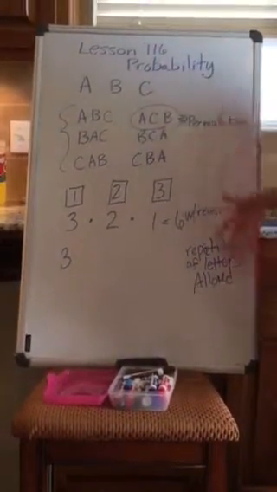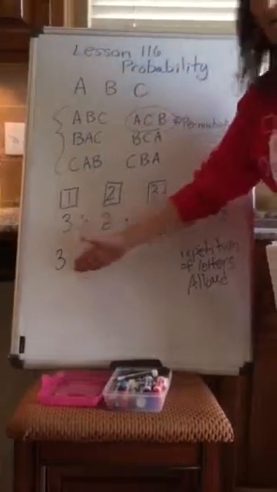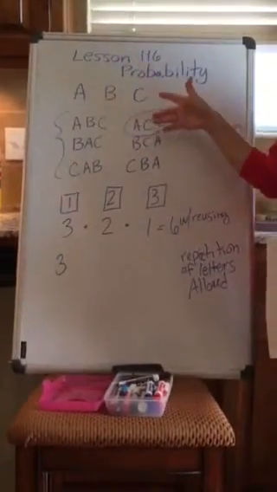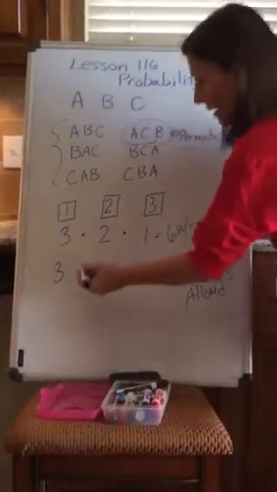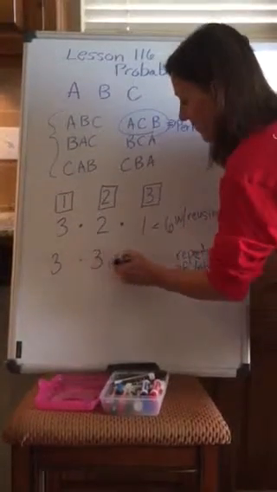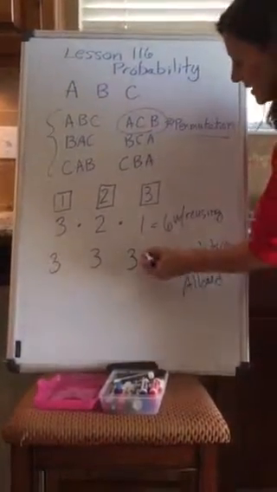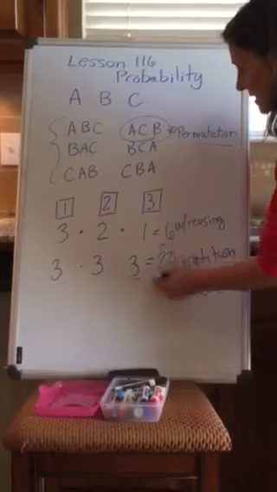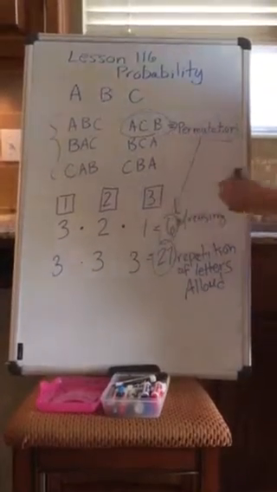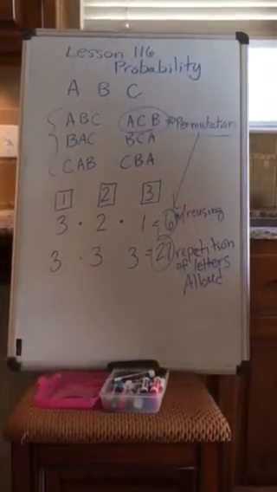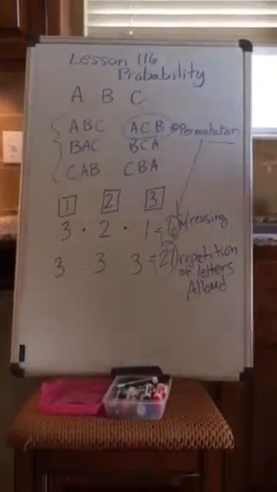Now, if I can use repetition, then the one that I used first, I can use again, so I still have 3 to choose from, and again the third time. And 3 times 3 times 3 is 27 permutations.